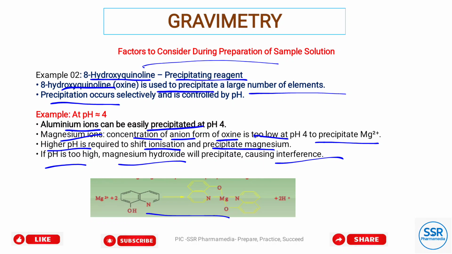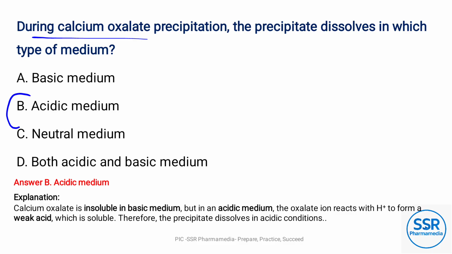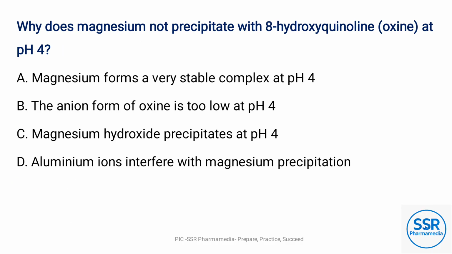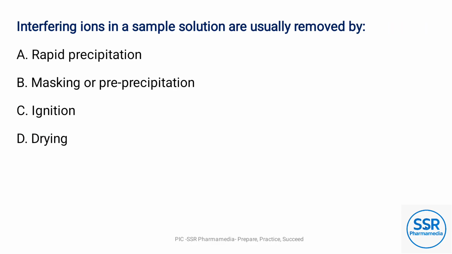Now, questions. During calcium oxalate precipitation, the precipitate dissolves in which type of medium? Option B, acidic medium. Why does magnesium not precipitate with 8-hydroxyquinoline oxine at pH 4? Option B is the answer: the anion form of oxine is too low at pH 4.